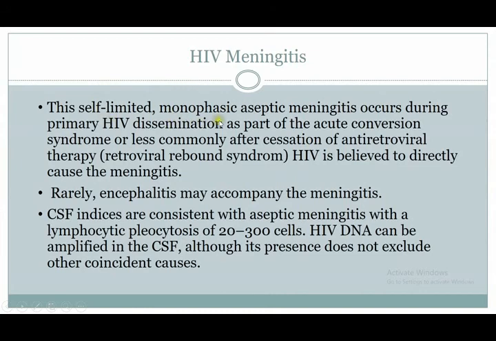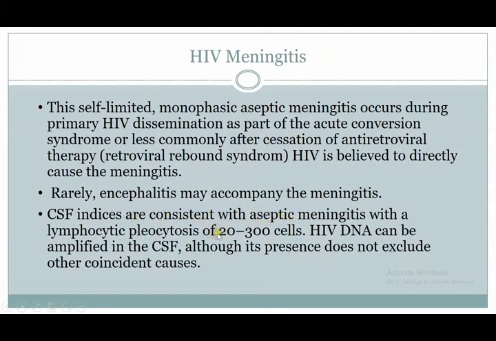HIV meningitis is a self-limited monophasic aseptic meningitis which occurs during primary HIV dissemination as part of the acute conversion syndrome, or less commonly after cessation of antiretroviral therapy. HIV is believed to be directly causing the meningitis. Sometimes encephalitis may accompany the meningitis.